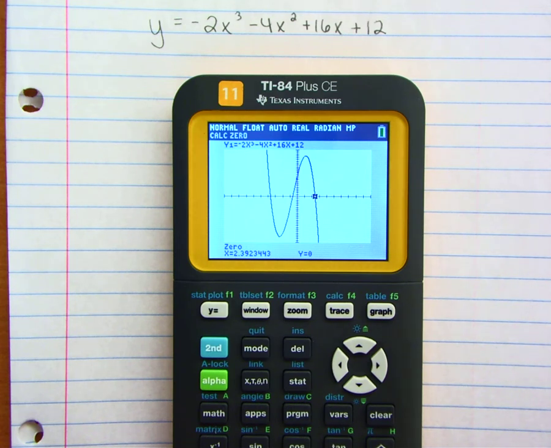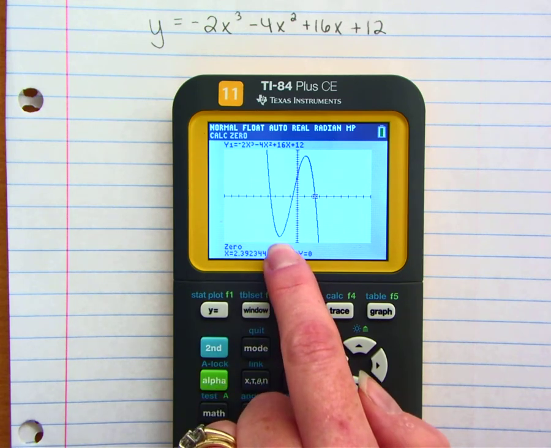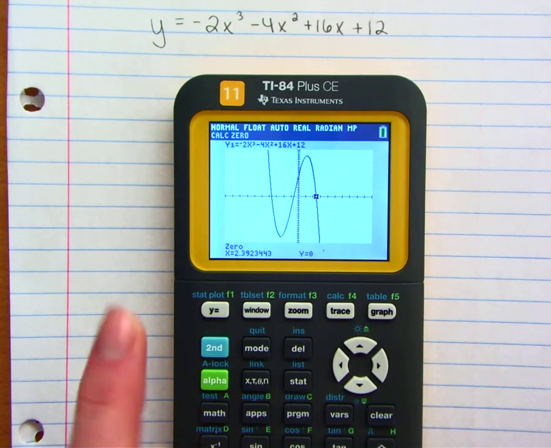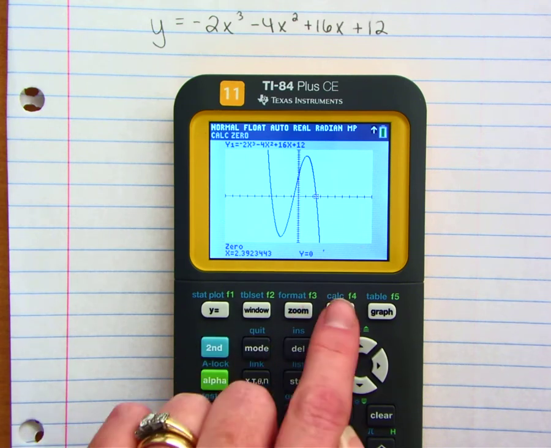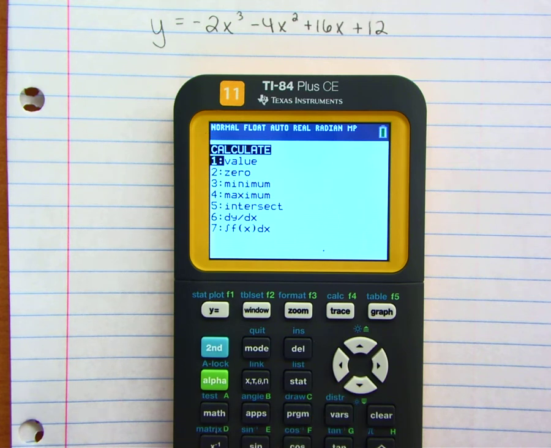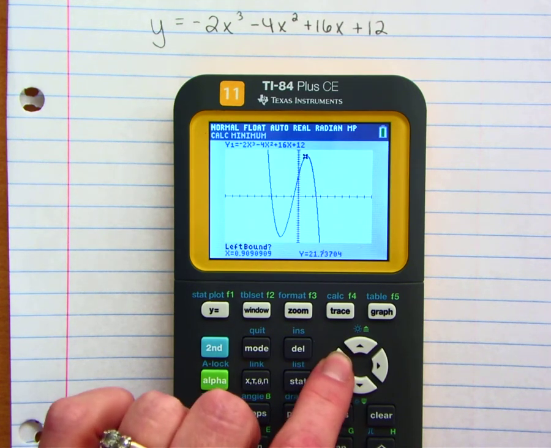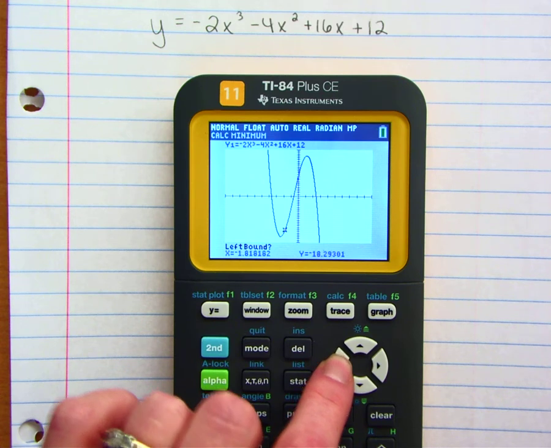So the next part we want to find is the max and min. If we look at this graph, we should see that there is a relative minimum point here and a relative maximum point here. So we go back to our second trace, and you can see minimum as option number 3. So pick number 3 and then go to the minimum point and make sure you go somewhere to the left side of it.